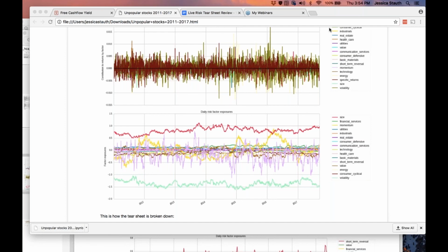Then you will see how the common factor returns and the specific returns change over time after taking the transaction cost into account. Yes, that's what our research team is currently working on.